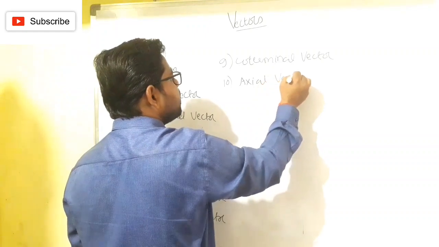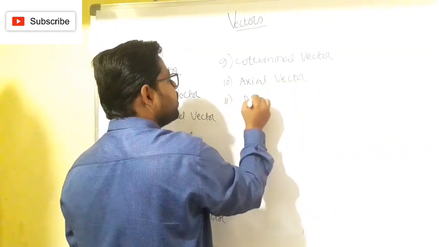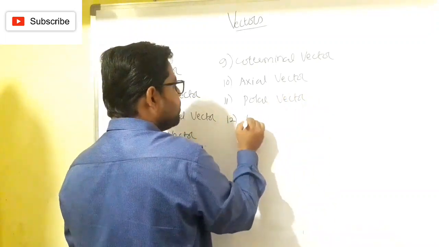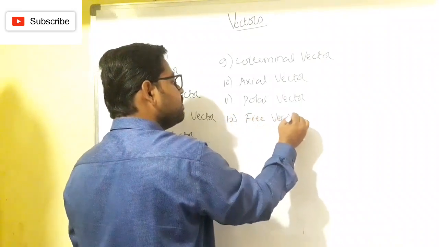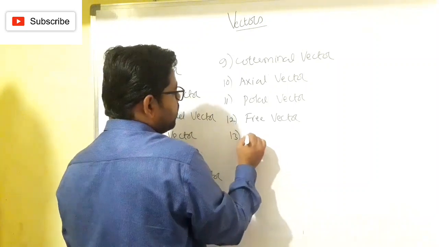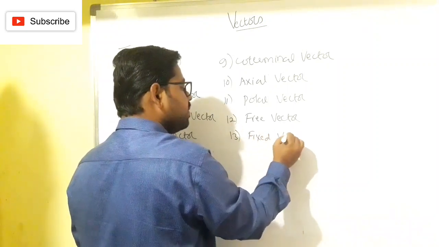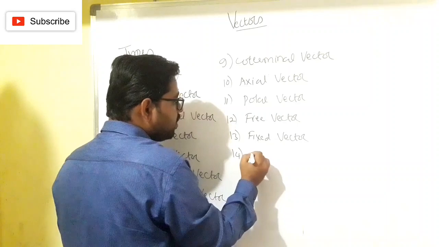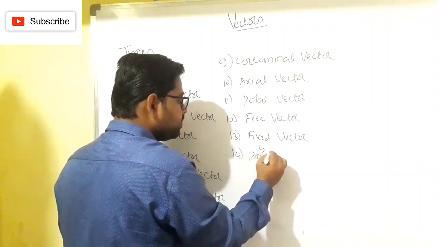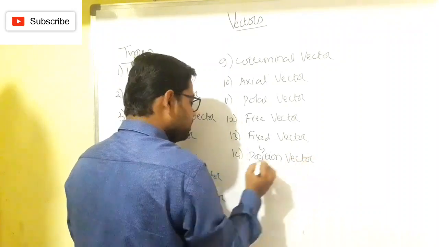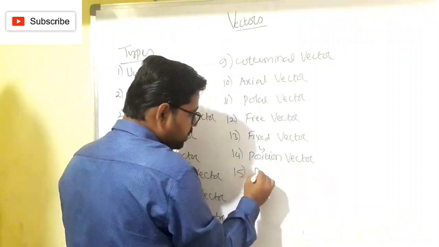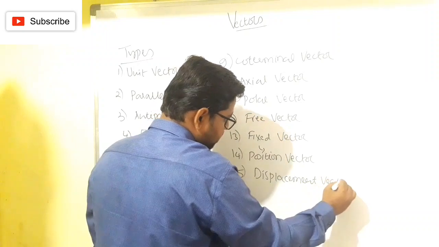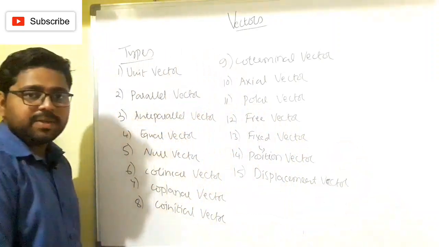Axial vector, polar vector, fixed vector, then position vector, next displacement vector. So these are the different types of vectors we have.